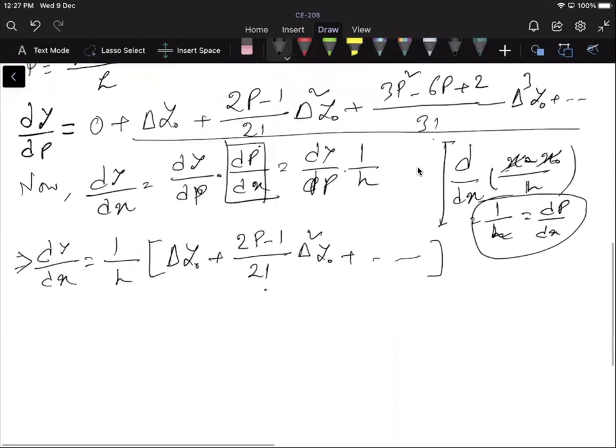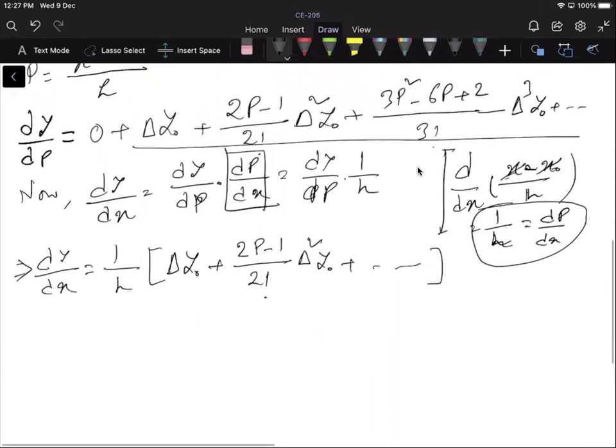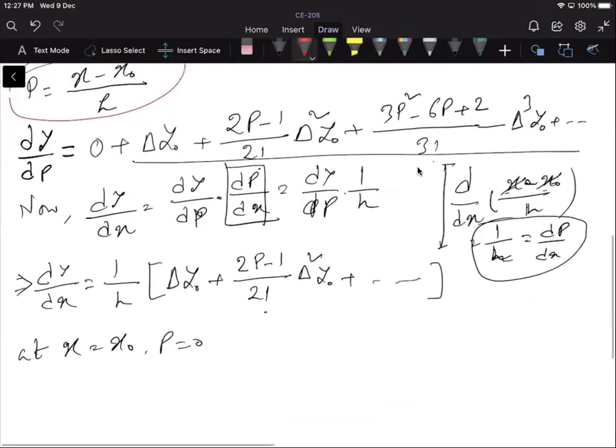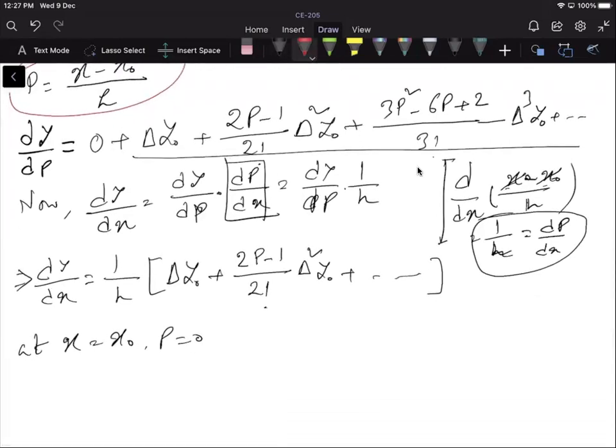For a specific point, x = x0, the initial point, the very first point of your data set, p = 0.